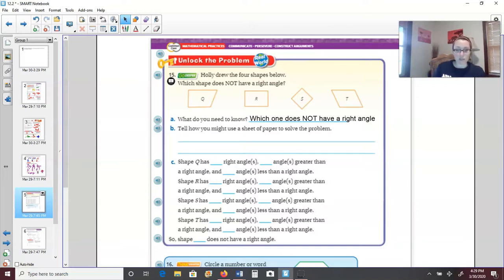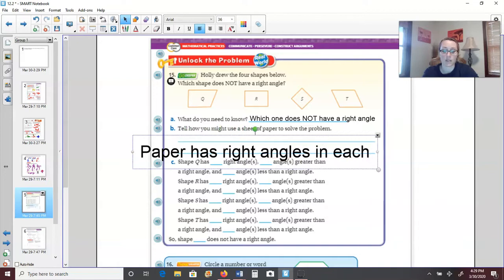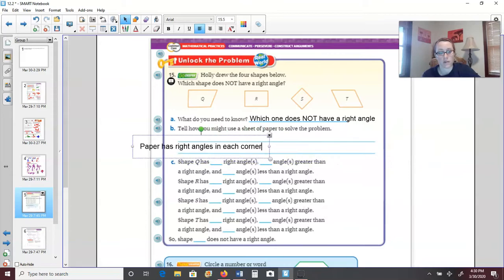So, as I showed you earlier, the corner of a piece of paper creates a right angle. We can compare the corner of a piece of paper to the angles of our shapes to see which shape does not have a right angle. But maybe just by using our eyes, we can also tell. But to answer the question, we could say paper has right angles in each corner.